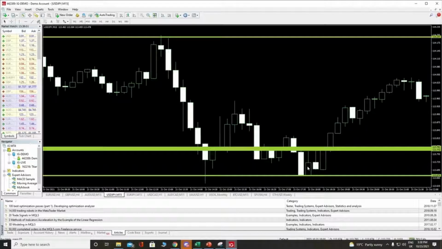They have almost identical low prices. And now what happens? The prices shoot up. Again, keep in mind, these are just examples. A Tweezer Bottom means that the prices will probably reverse to the upside.